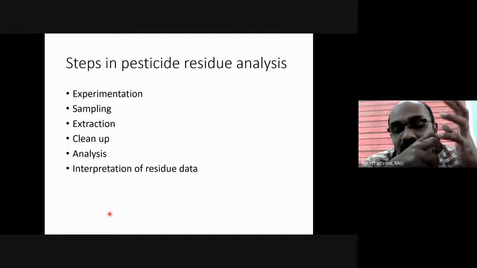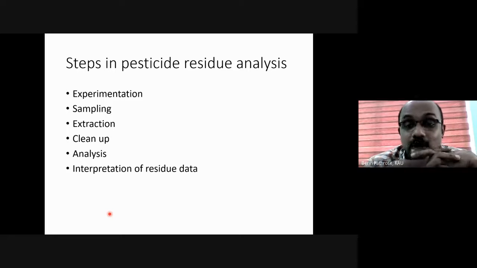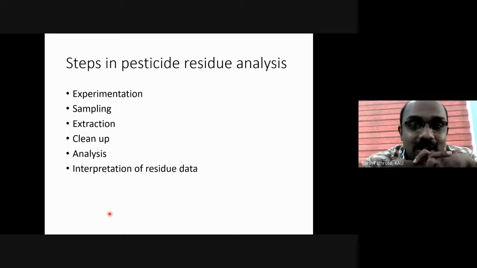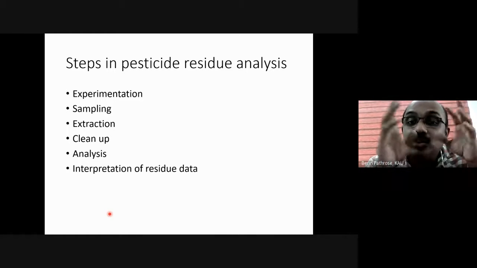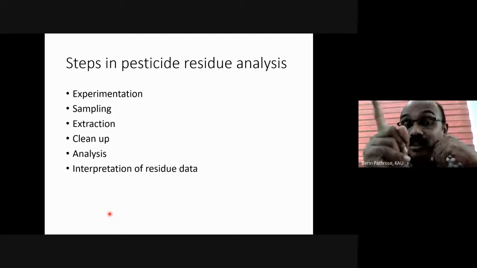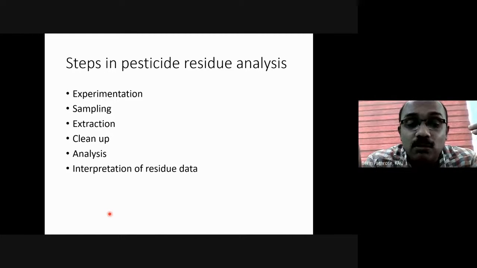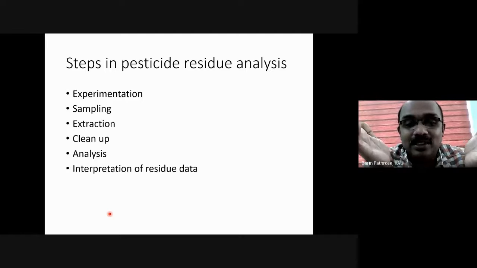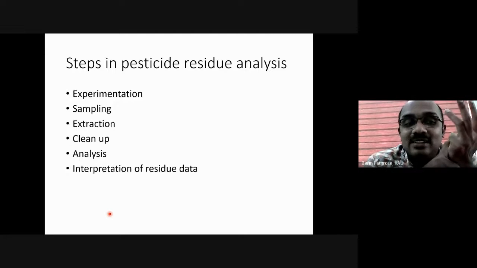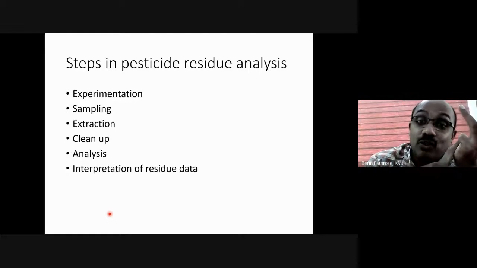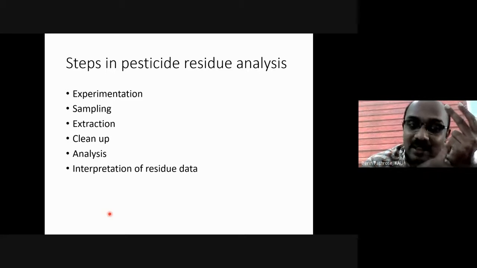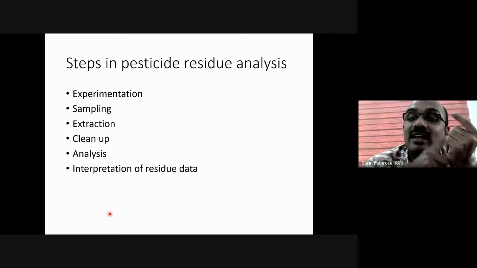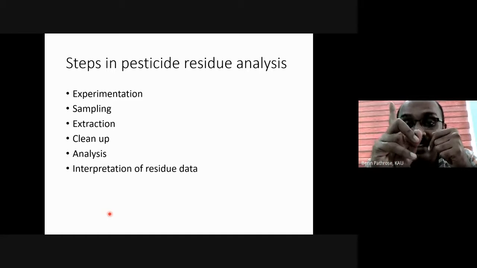That was the kind of analysis at that time. But nowadays, there are labs carrying out analysis of about 100 to 200 pesticides at a time. Certain labs go up to 400 pesticides at a time. That means with a single sample, they have the capability to extract 400 pesticides, clean up 400 pesticides, and analyze 400 pesticides in a single analysis.